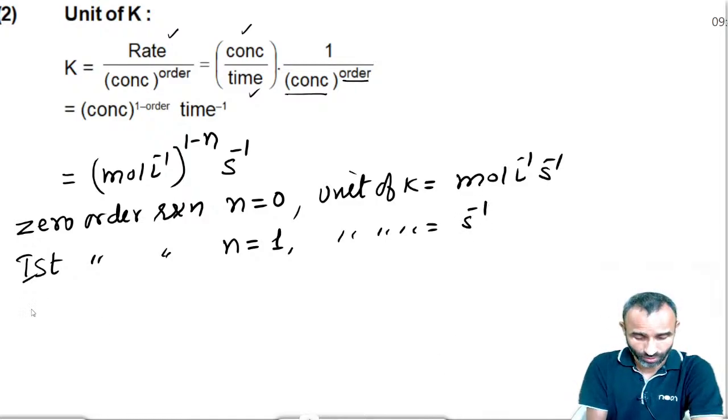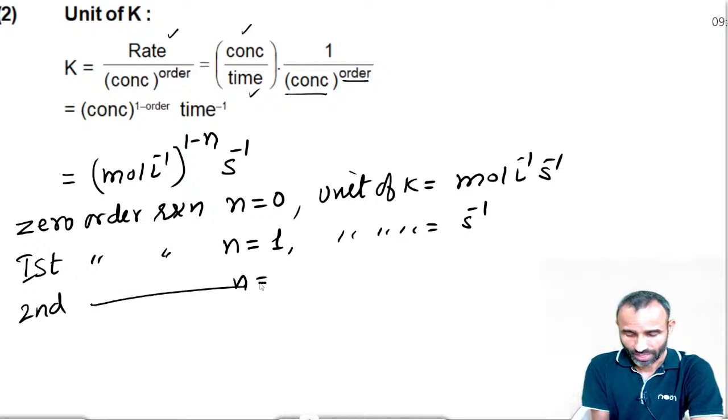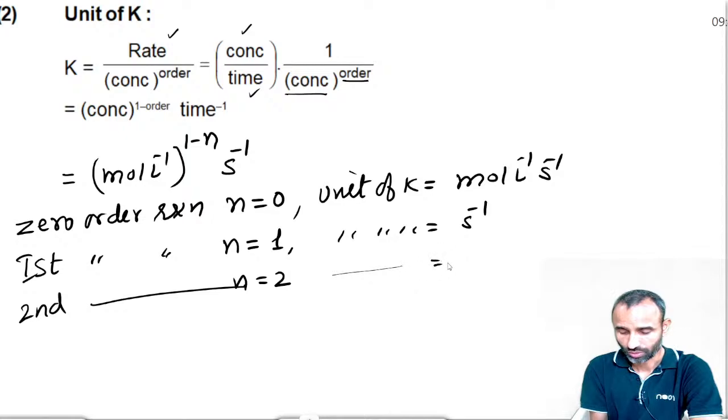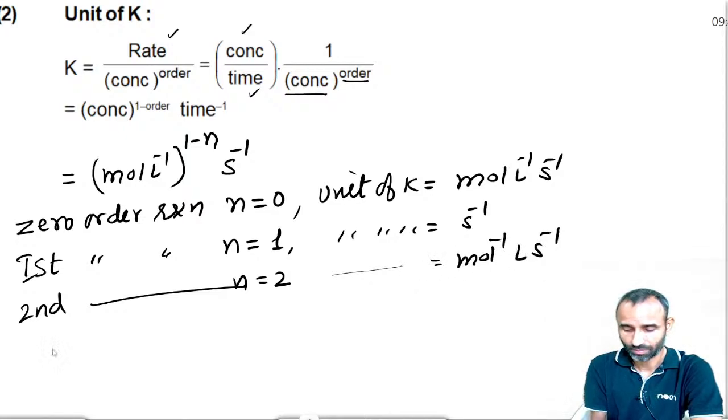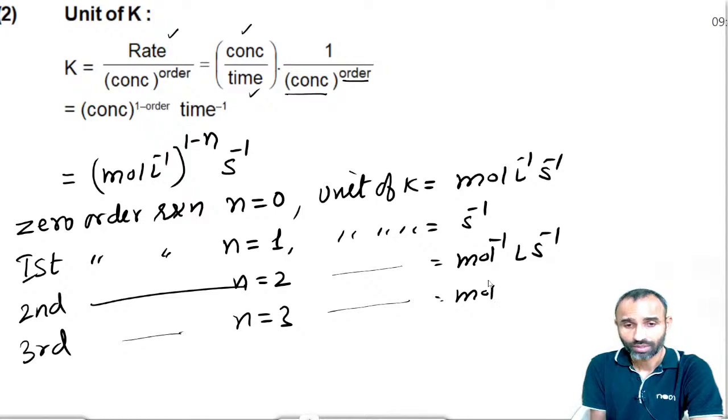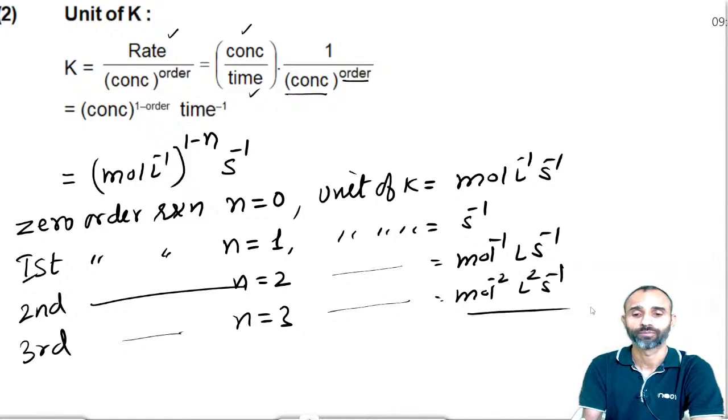And for a second order reaction, N is 2, the unit is per mole liter per second. For a third order reaction, N is 3, and it is mole minus 2 liter 2 per second, and so on.